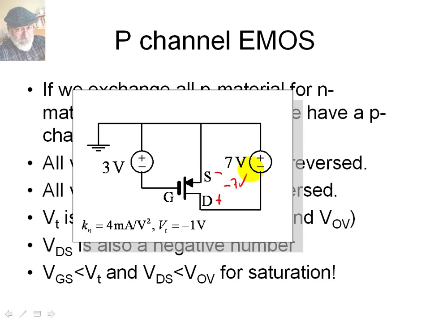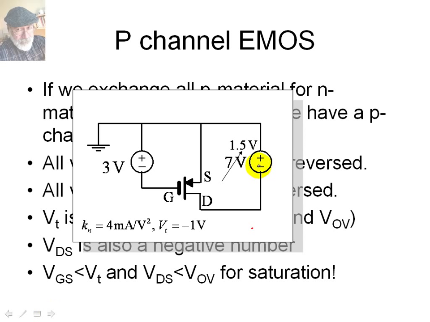That's good. But -7 is also below the overdrive voltage, that is -3 minus -1. Okay, that is -2. -7 is below -2. So this transistor is in saturation. That is what I wanted you to answer. Another problem.